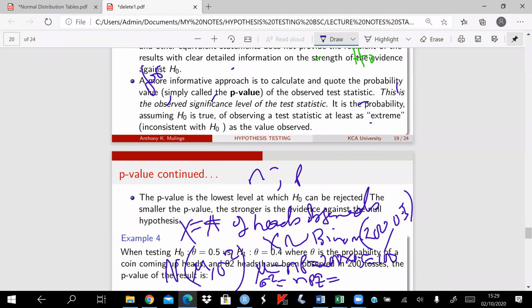But now we need to adjust something, because as we know, binomial is a discrete distribution.